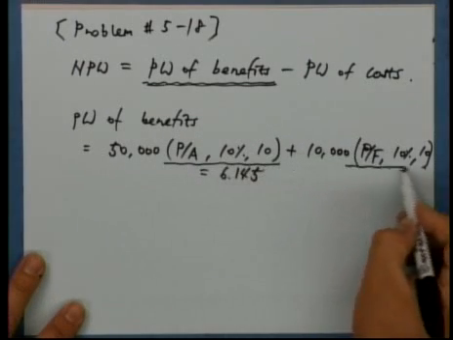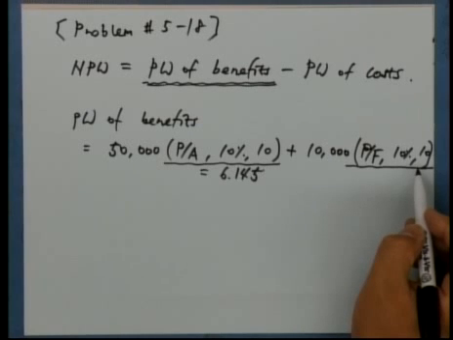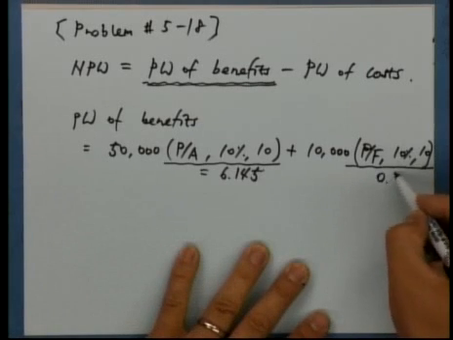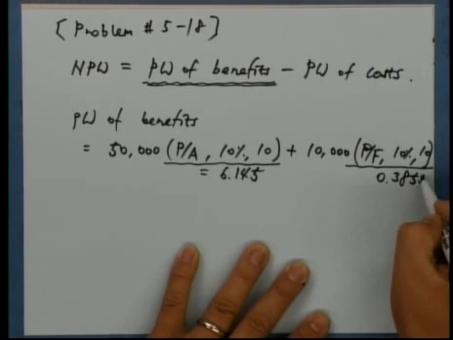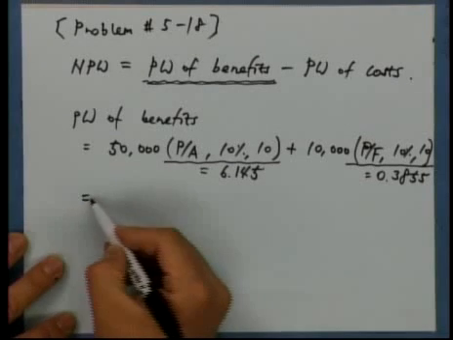What about this? P given F over 10%, over 10 years, 0.3855. Okay. So how much is that?